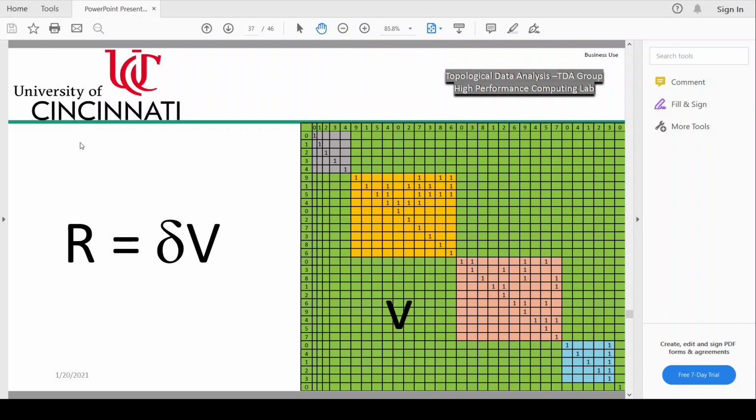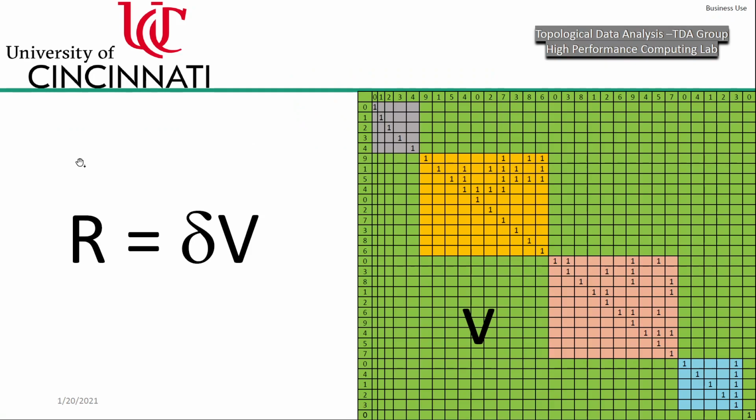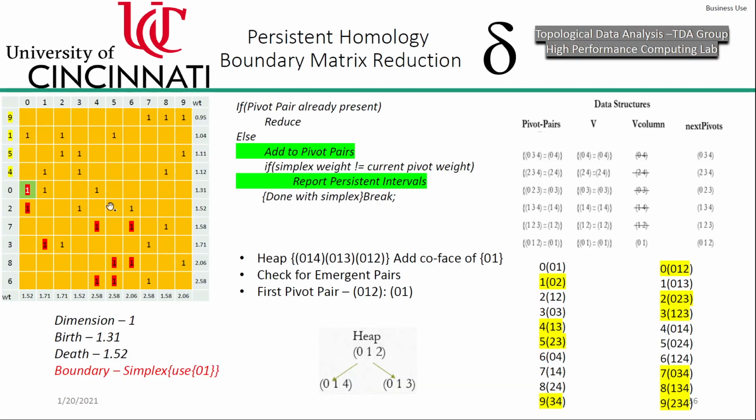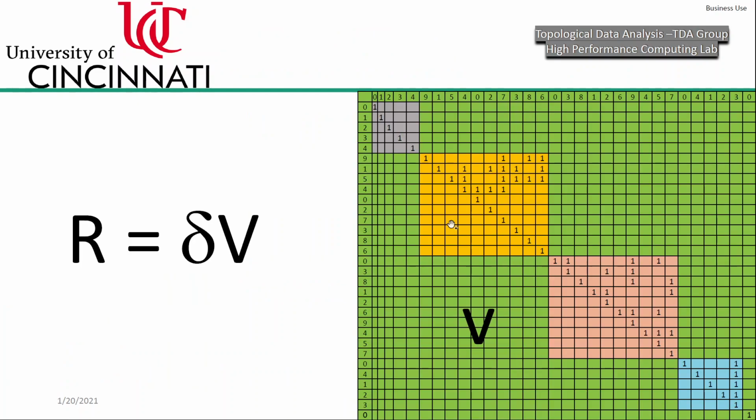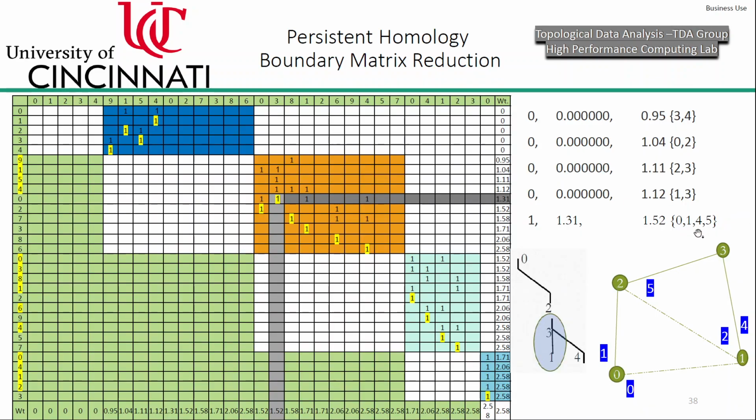So you generate the boundaries like 0, 4, 5, 1. 0, 1, 4, 5 are the boundaries for this loop.